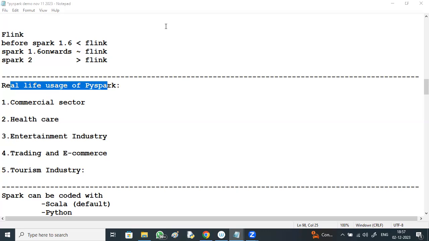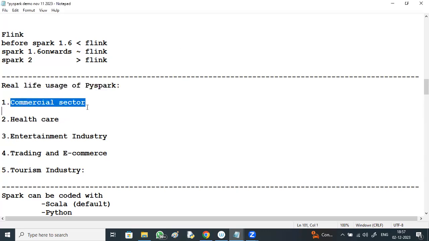In the commercial sector, PySpark is mostly preferred today for real-time processing.